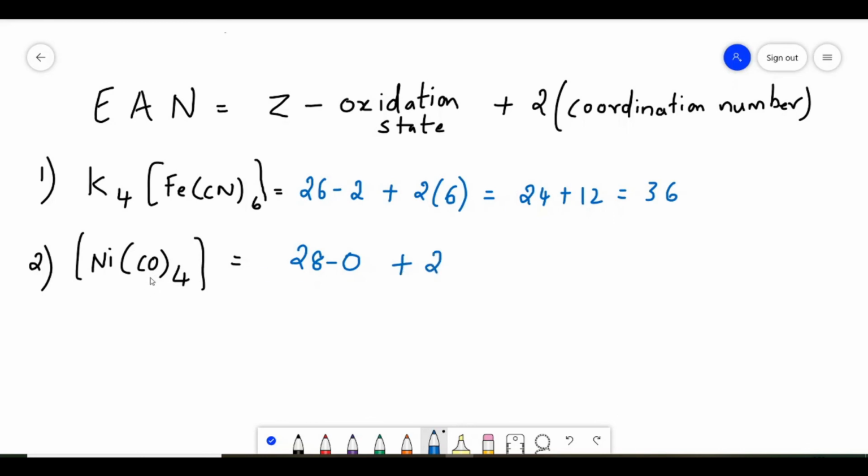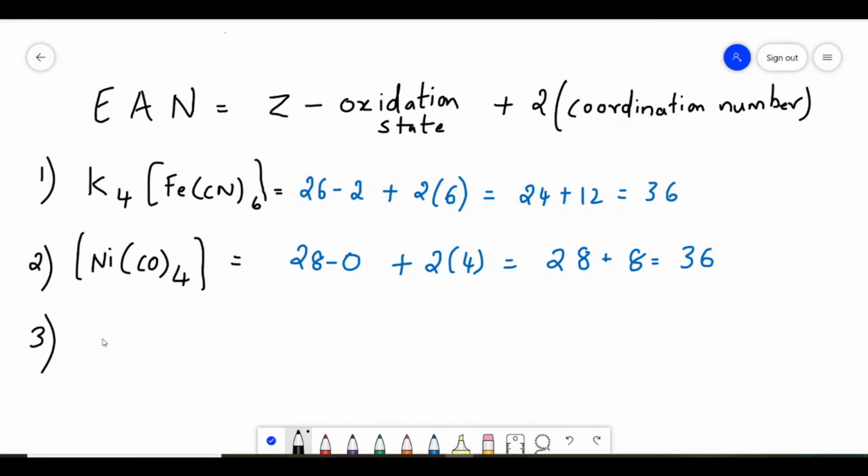This is a monodentate ligand, so the coordination number is 4. So 2 into 4. So it is 28 plus 8, which is nothing but 36. So in this way we can calculate the effective atomic number of any example.